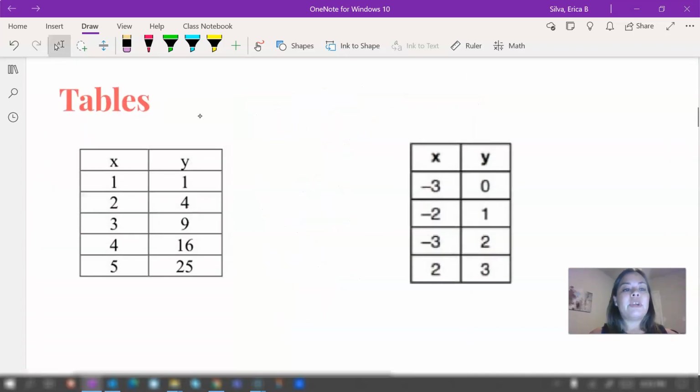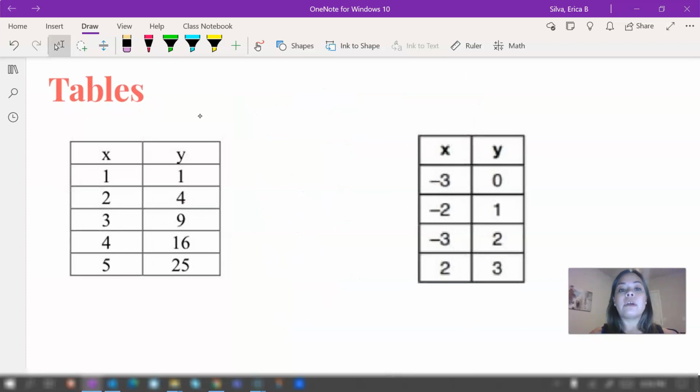Now, there are different ways that functions are represented. The first one is a table. From a table, we can distinguish whether or not the relation is a function by looking at the x values. So, for example, if we input 1 for x, then our y value is 1. If we input 2, our y value is 4.